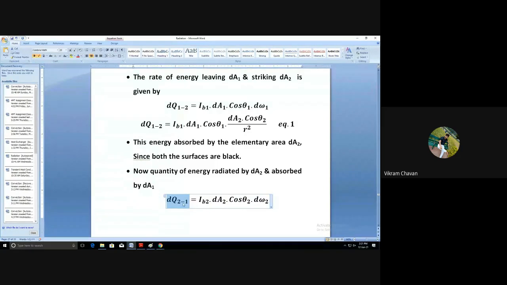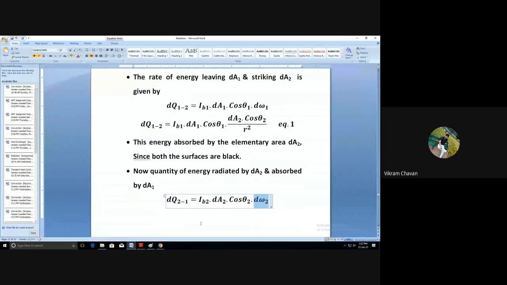So in that case, dq2 to 1 will be equal to Ib2, that is the intensity of black body 2, multiplied by dA2 multiplied by cos theta. dA2 cos theta is nothing but the projected surface area of body 2 on the line joining the two surfaces, that is dA2 cos theta 2, multiplied by d omega 2.